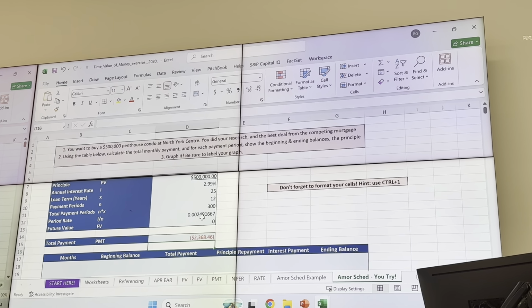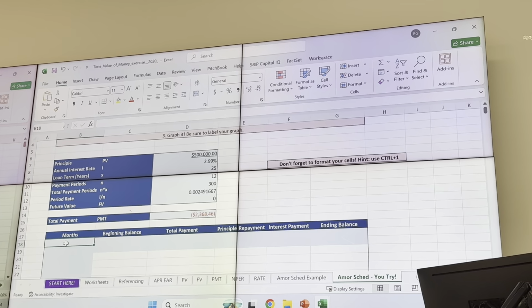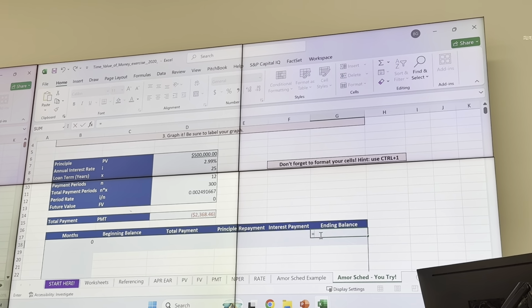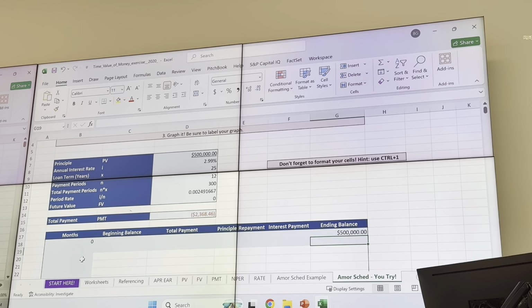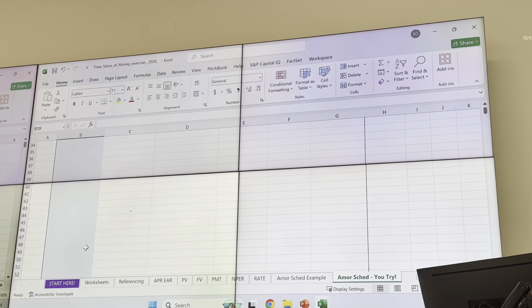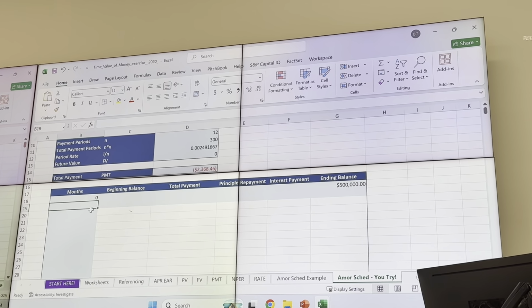Now, how many periods will you be paying? 300, right? So we begin with 0 month. This is my beginning. My balance equals the amount of loan that I have taken. First thing, I need to calculate 300 periods for the bottom. So I select there.